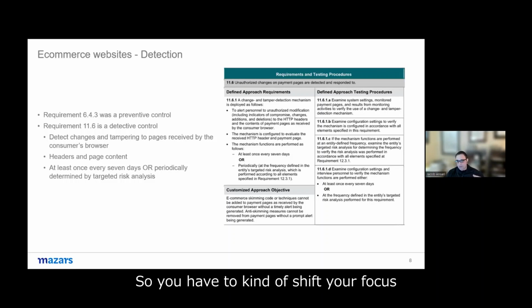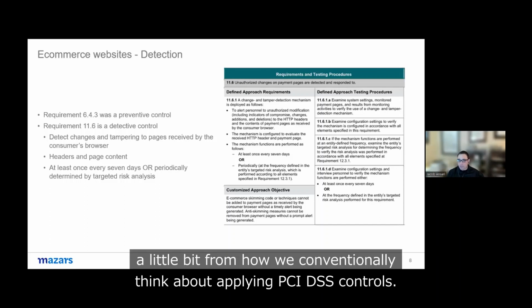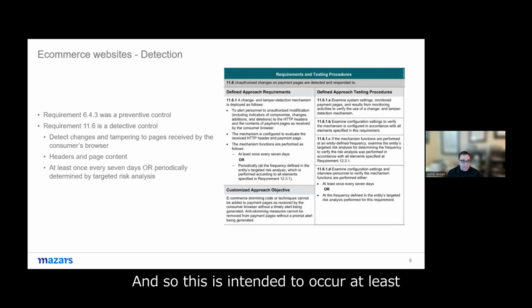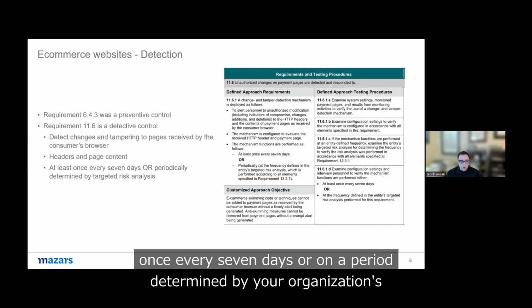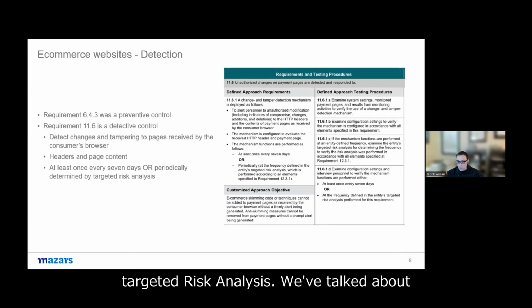So you have to kind of shift your focus a little bit from how we conventionally think about applying PCI DSS controls. And so this is intended to occur at least once every 7 days or on a period determined by your organization's targeted risk analysis.